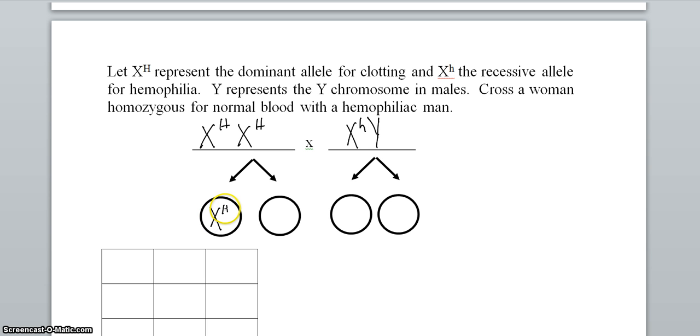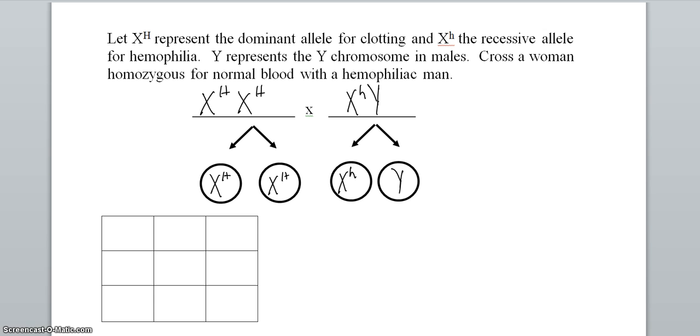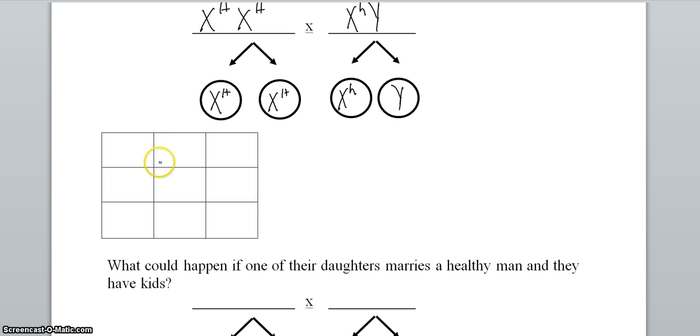So if we divide these up into gametes, you can see the female only has one option. She's going to give her offspring X big H. And if we plug them into the Punnett square, you can go ahead and fill this in. Of course, 50% of the offspring are going to be female, and 50% of them are going to be male.